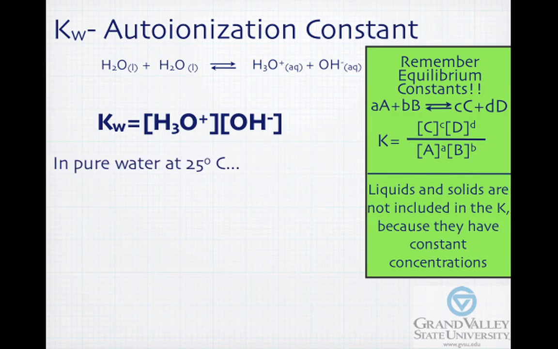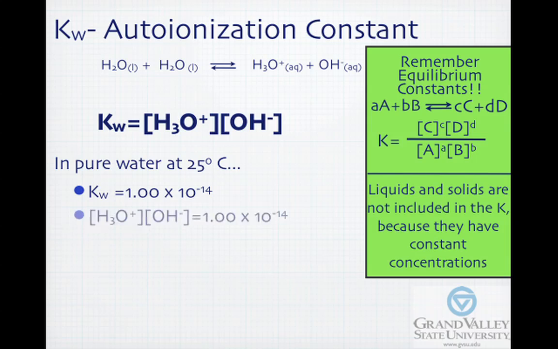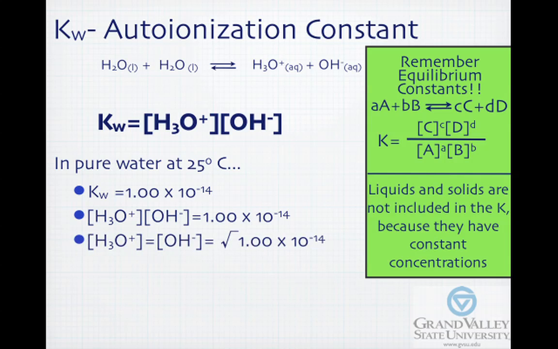In pure water at 25 degrees Celsius, the Kw is equal to 1.00 times 10 to the negative 14. By replacing the Kw with the other side of the equation, we see that the concentration of hydronium multiplied by the concentration of hydroxide is also equal to 1.00 times 10 to the negative 14. Pure water is considered neutral, and neutral solutions have equal concentrations of hydronium and hydroxide.